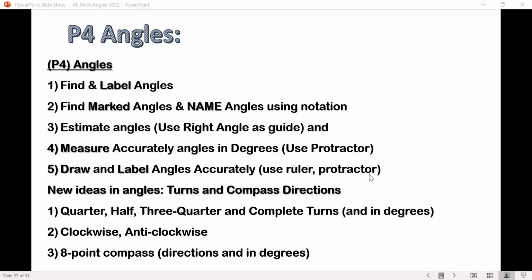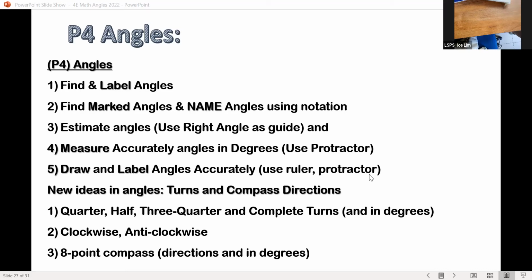Not the degrees Celsius, but degrees. We'll talk more about that in the weeks to come. Not just estimation, we now need to measure accurately. Use a protractor and measure angles accurately in degrees. Not just measure, we need to be able to draw accurately and label correctly an angle given a certain measurement.